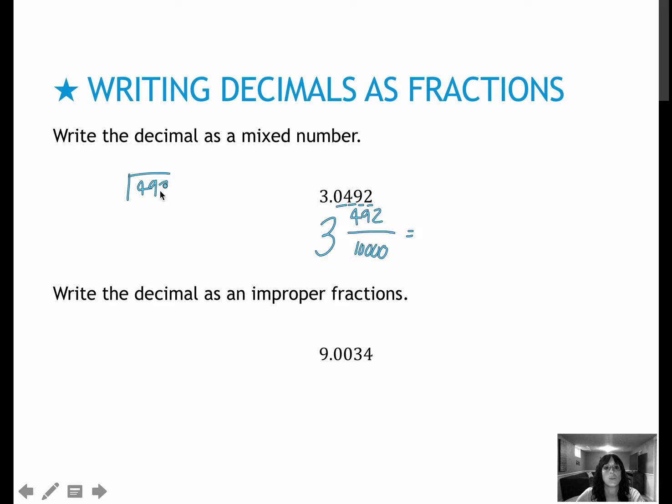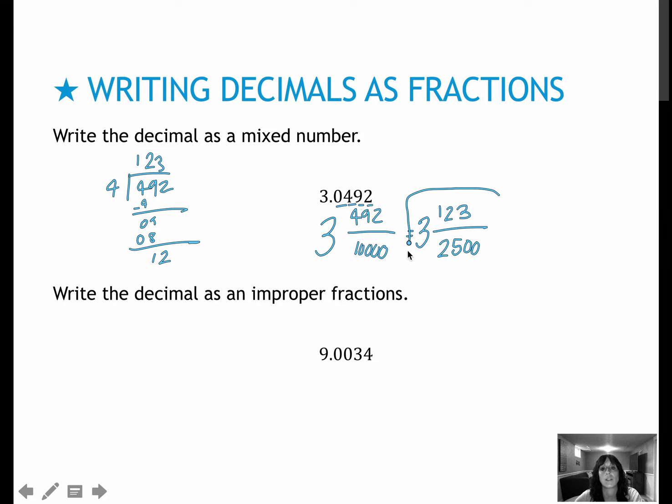Again, if you need to, go off to the side to divide it out. 4 goes into 4 1 time. 4 goes into 9 2 times, and that's 8. And then 4 goes into 12 3 times, so that's 123. If I divide 10,000 by 4, I get 2,500. And don't forget that we had that 3 in front, and so this would be my answer.